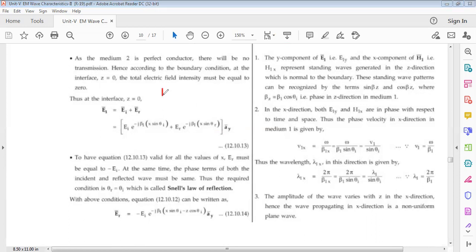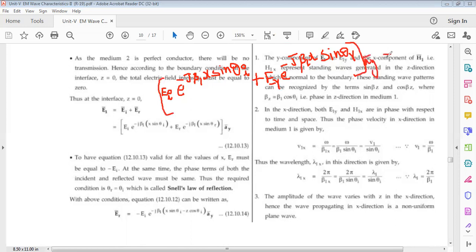In these two equations, at z equal to 0, E_I into e power minus j beta 1 x sine theta I plus E_R into e power minus j beta 1 x sine theta R, whole multiplied with a_y bar, is equal to 0 here.